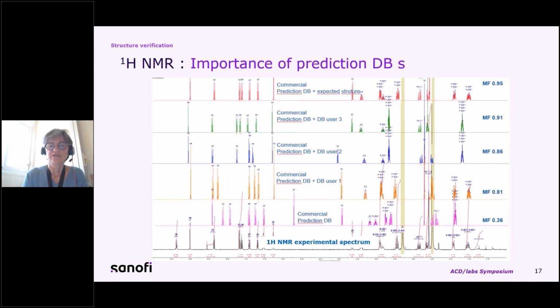And as we enrich the database with more and more interesting structures regarding the structure that we want to analyze, the match factor can drop and can be very good if the prediction database is well enriched.